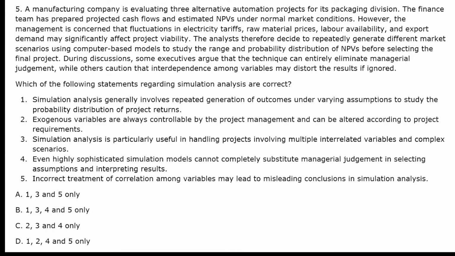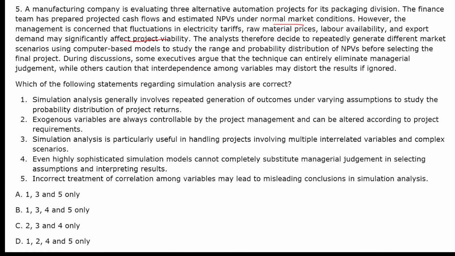A manufacturing company is evaluating 3 alternative automation projects. The finance team has prepared projected cash flow and estimated NPVs under normal market. However, the management is concerned that fluctuations in electricity tariff, raw material, labor, and export may significantly affect project viability.